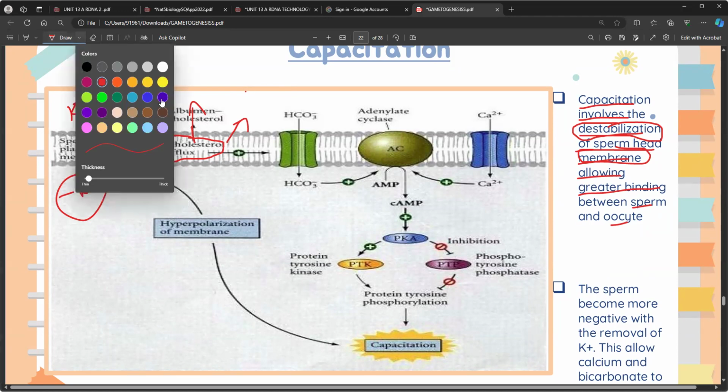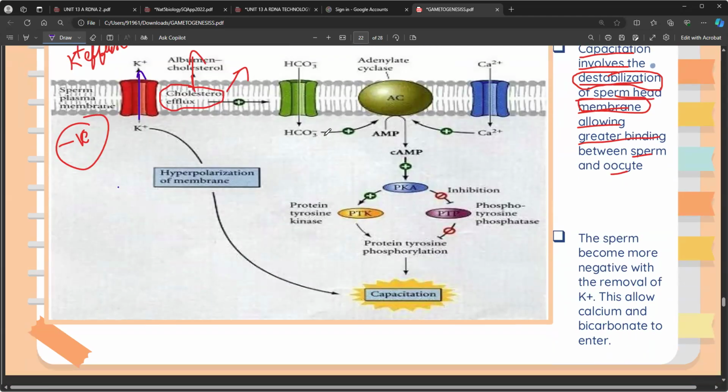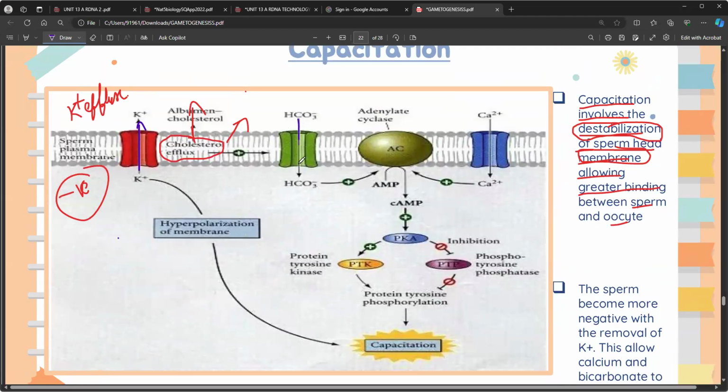So friends, since more potassium efflux channels are present, more potassium comes out of the cell. Whenever more potassium comes out of the cell, look into the picture, what is coming inside? Bicarbonate is coming inside. You can see the picture. Calcium is coming inside. That is very clear. Now, friends, whenever bicarbonate and calcium come inside, what happens?